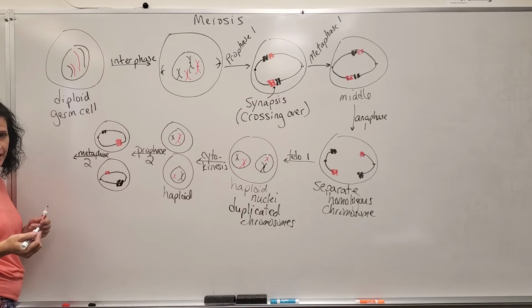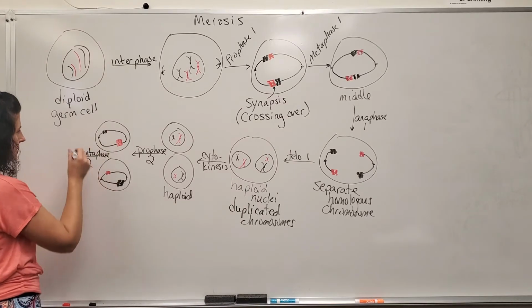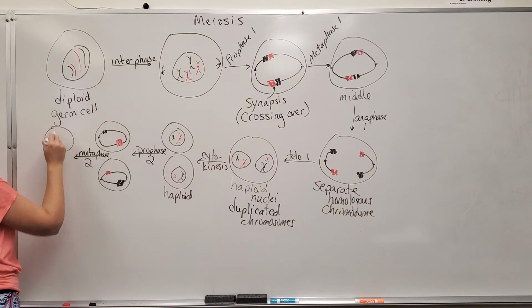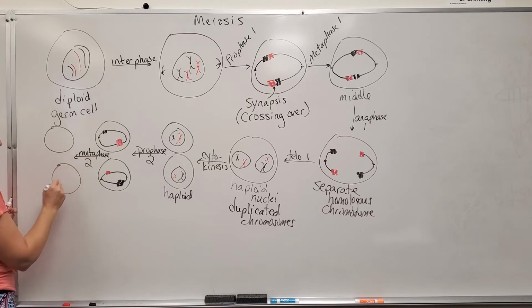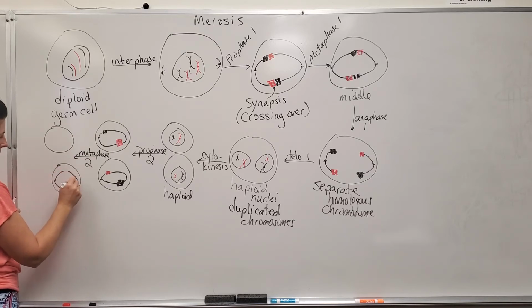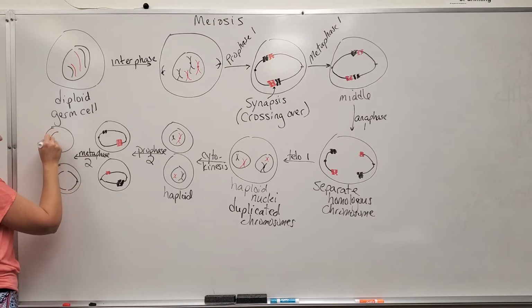And now they're going to line up in the middle, just like they had done before. So again, that tug of war is going to occur until we get our chromosomes lined up right in the middle.